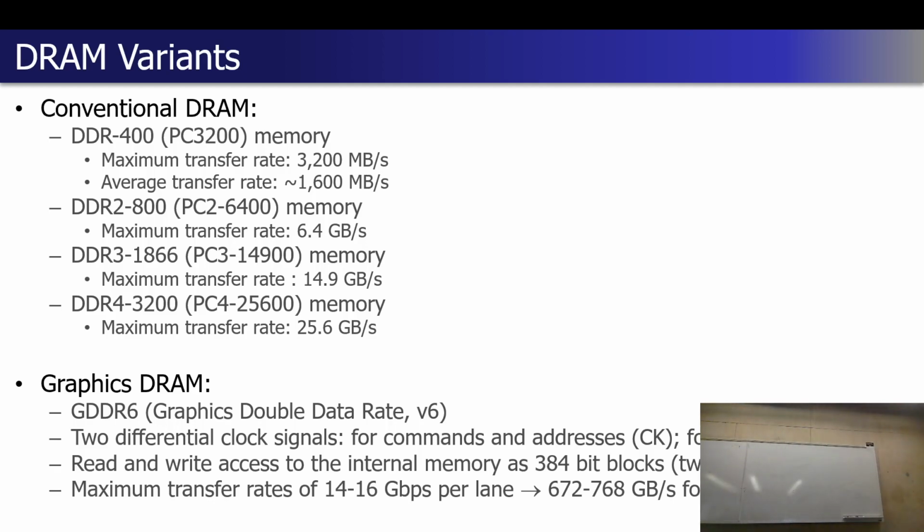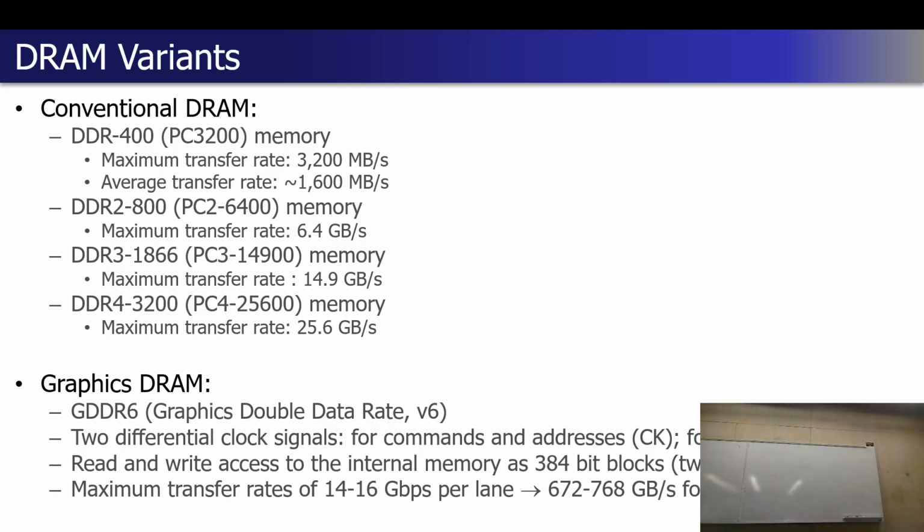There are standards that emerge via consortium to determine the next generation. There are standards associated with just general DRAM. There's also graphics DRAM. So if you see the term GDDR, that's referring to DRAM specified specifically for graphics.